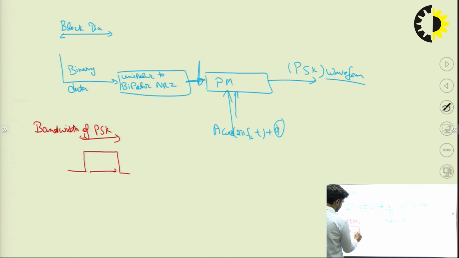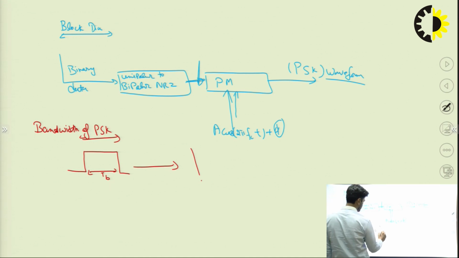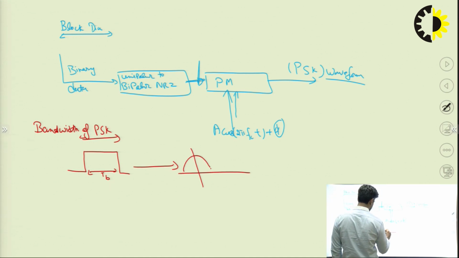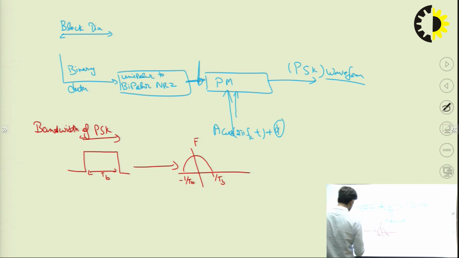The duration of the bit is TB, and we take the Fourier transform of this. It will give you 1 by TB, minus 1 by TB. This is sent by the carrier, so it will be moved along the carrier.